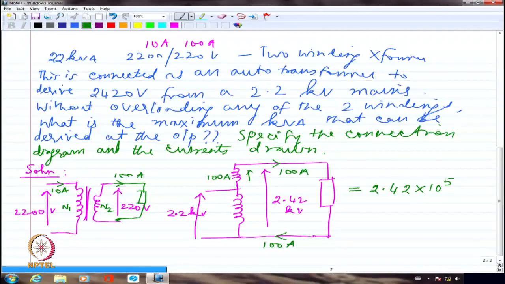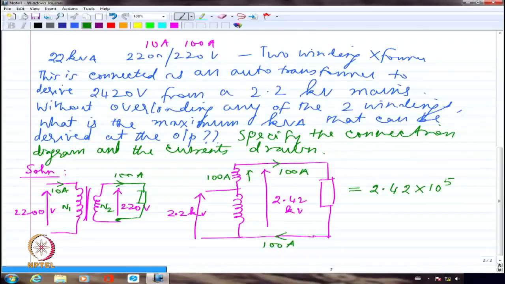This is because the turns ratio of the primary to secondary has become 1:10. So the voltage has become way too large on the secondary side because I have summed up the primary and secondary voltages, and I am assuming that the load is going to get the entire thing. And after all, I am not overloading the secondary.